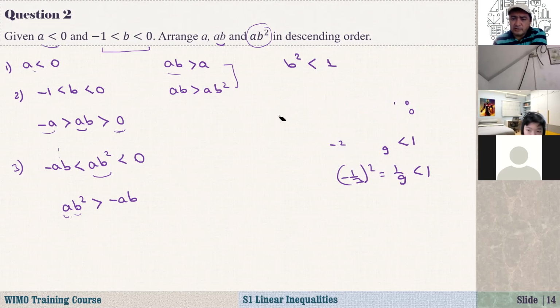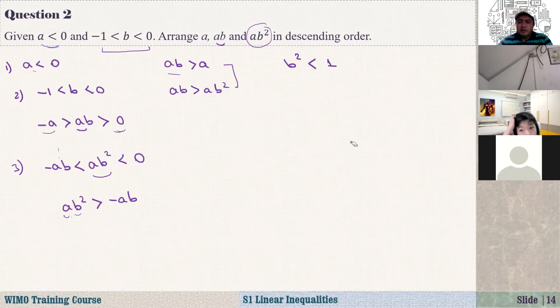So considering this, B squared is less than 1. So I'm going to compare AB squared with A. If I multiply both sides by A, what happens here? A is negative, so A times B squared.